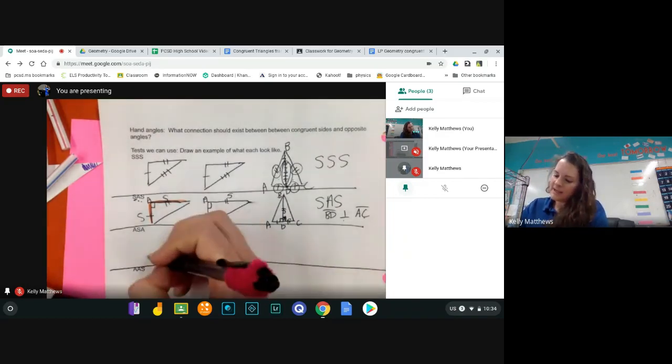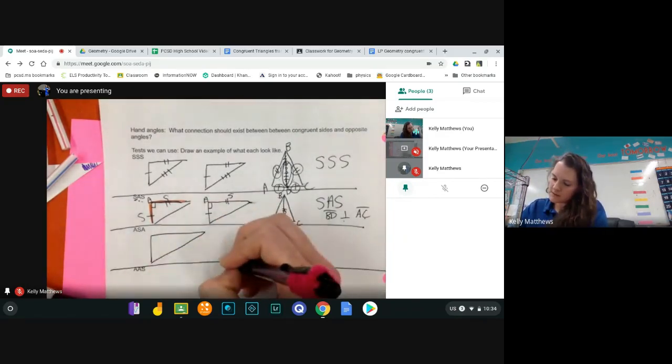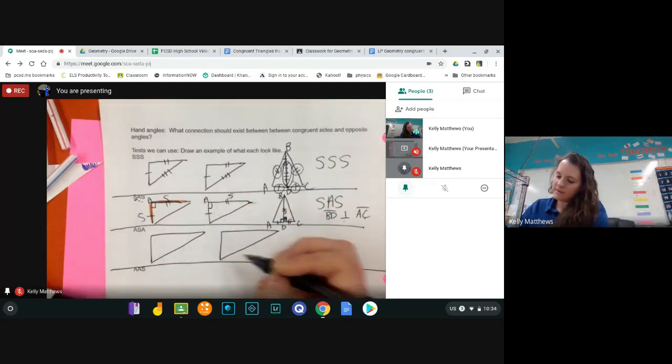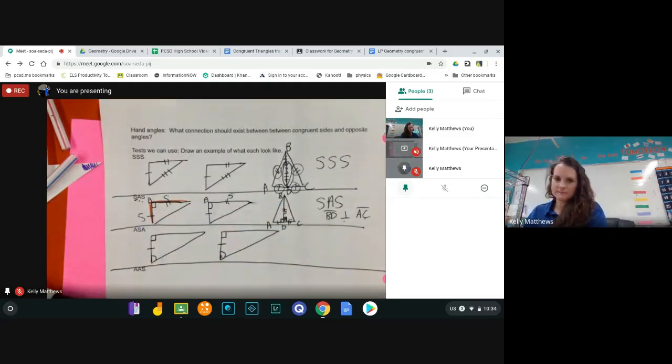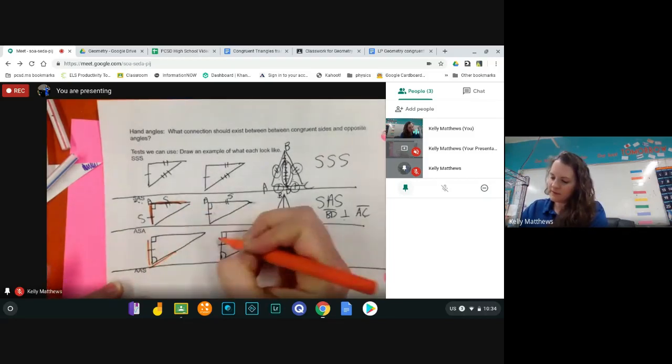All right, angle, side, angle. Again, order matters. And so this time we know two angles and a side in between them. And so it's really important that we know that it's the side that is directly in between them, collinear with them, if we wanted to say.